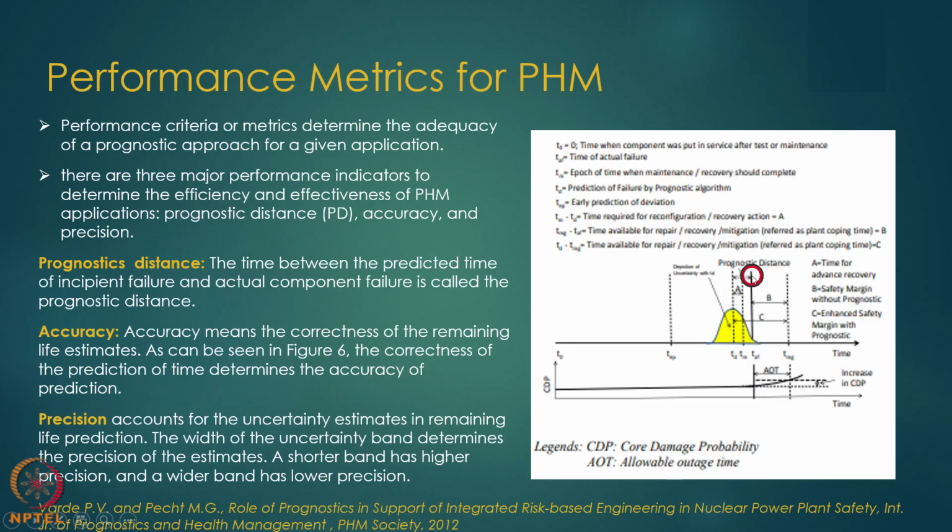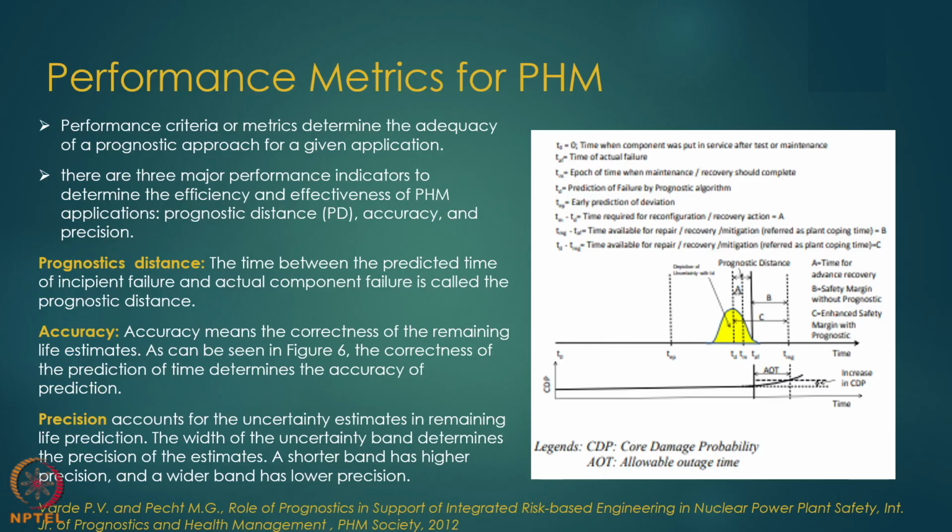And then A, B, C have this connotation: A is the time for advance recovery, B is the safety margin, an additional margin, and C is basically enhanced safety, because we are able to detect it here, and then we got so much time over here, and losses were less, or risk reduction was achieved.